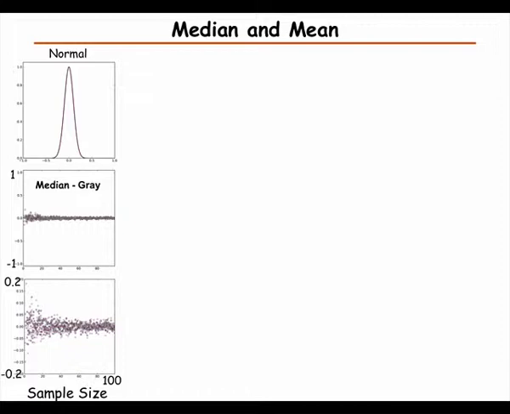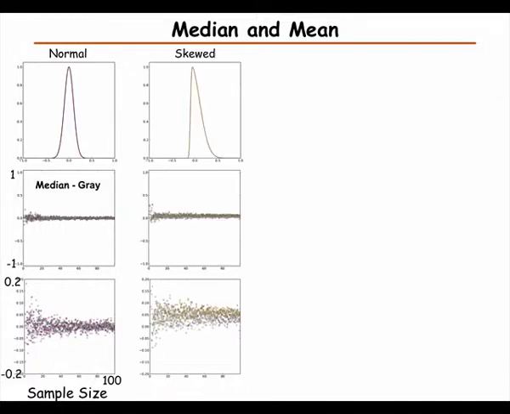The median is slightly wider, just because when you calculate the mean for the normal distribution, we use all the points. So we get better statistics, but otherwise they behave in a very similar way. So if we do this for the skew distribution though, then the mean and the median separate out.